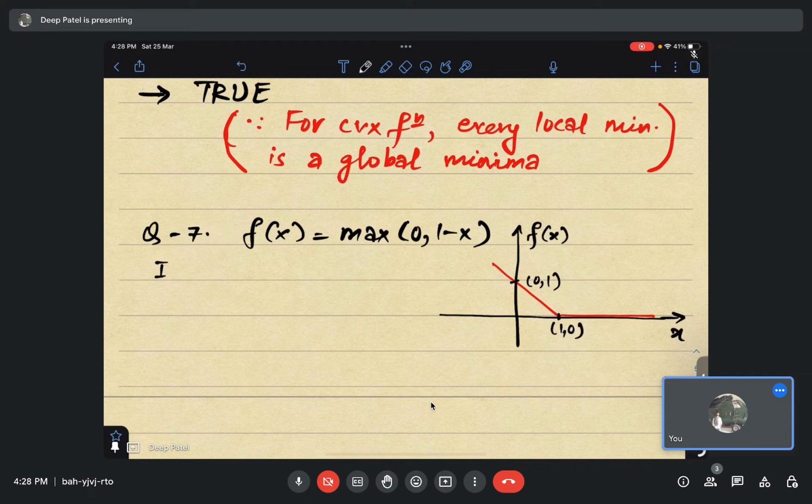It has a unique global unconstrained minimum.